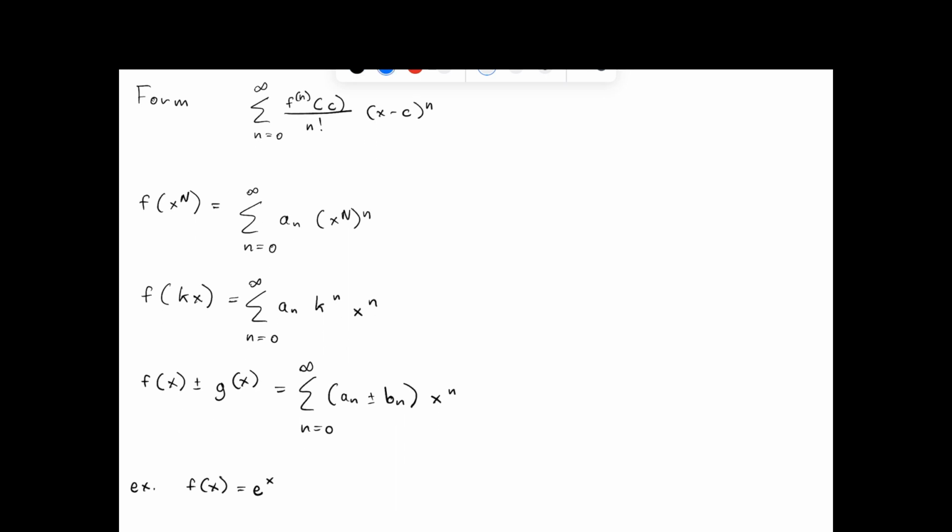So let's jump to a particular example. The one I'll be referring to here is e to the x. And what we know is that the nth derivative of e to the x is e to the x, regardless of what n is. It's one of those unique and helpful properties of e to the x.